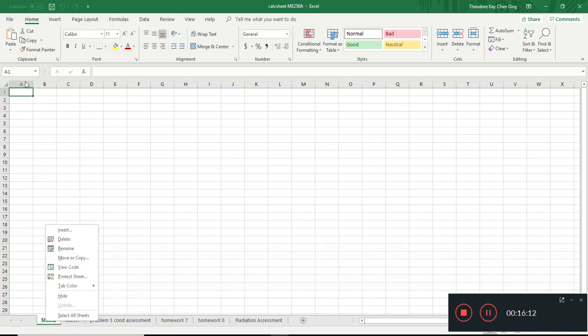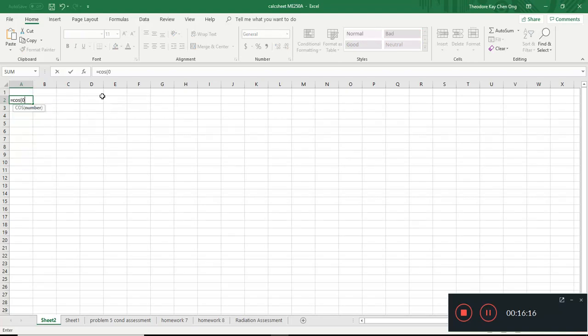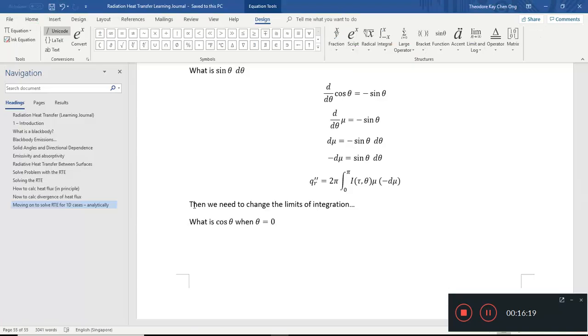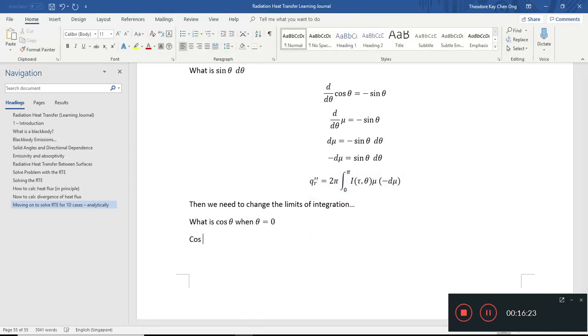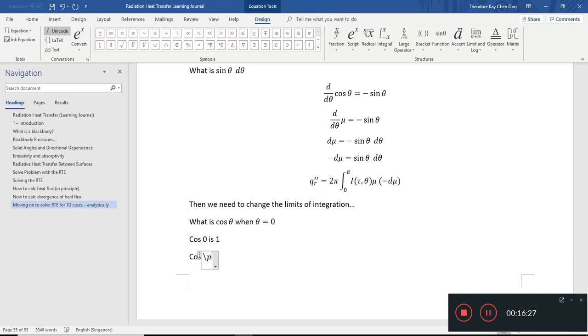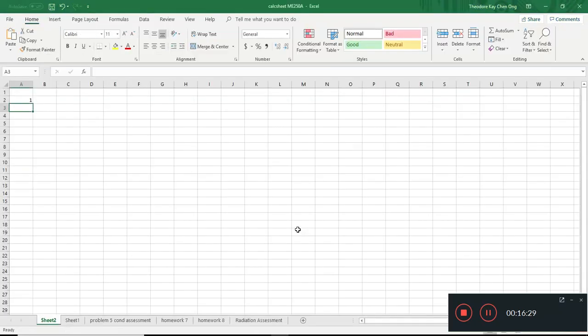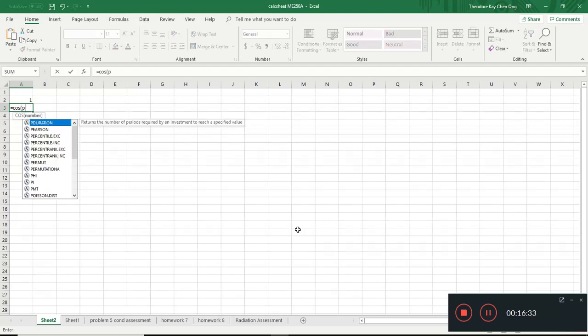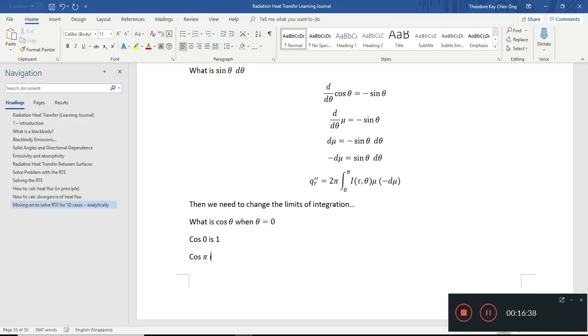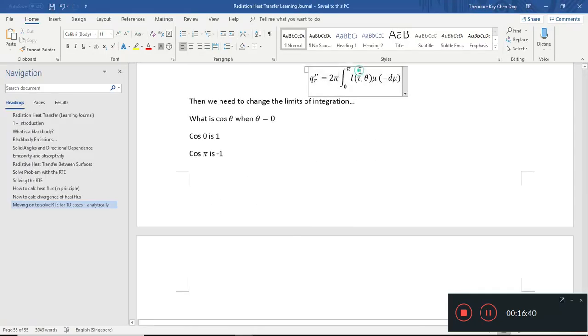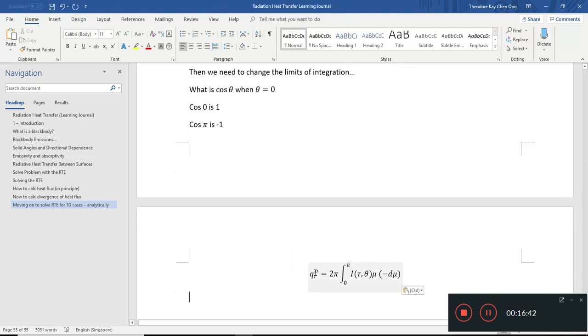Okay, so first you want the cosine of 0, which is just 1. So cosine of 0 is 1. And what is cosine of pi? Cosine of pi is minus 1.